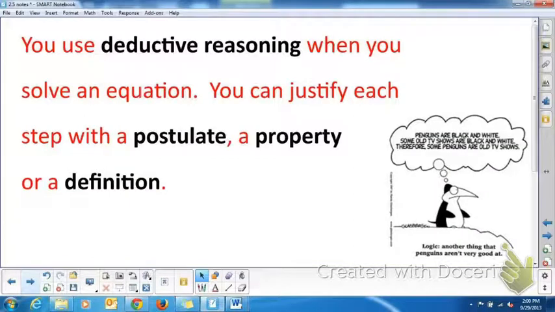You use deductive reasoning when you solve an equation. You can justify each step with a postulate, a property, or a definition. Using our laws of logic is using deductive reasoning.